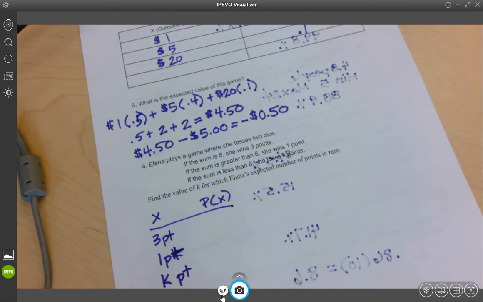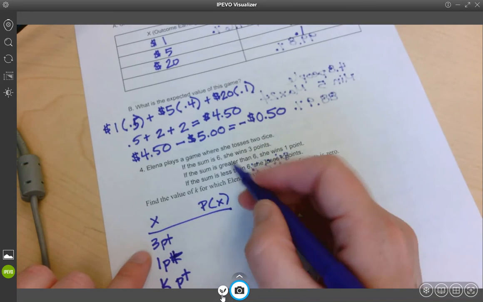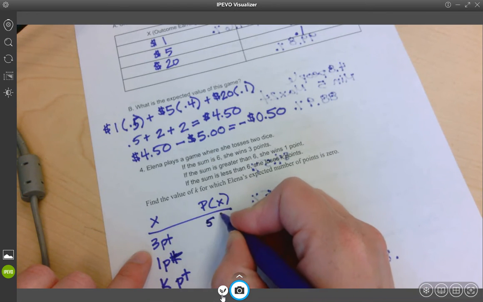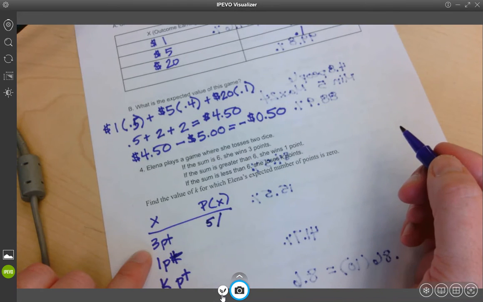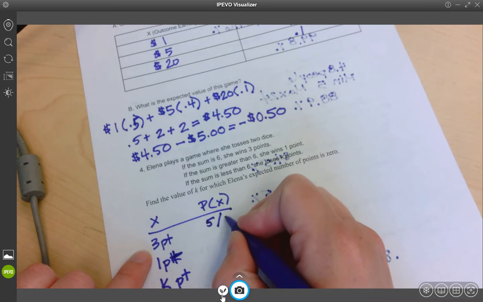All right, so if you consider the chart that I made of when you roll 2 dice, which is on the right board, and you consider the sums, how many ways are there to add up to 6? I heard 2 answers of 5. So there are 5 ways to get a sum of 6 out of how many possibilities when you roll 2 dice? 36 possibilities.